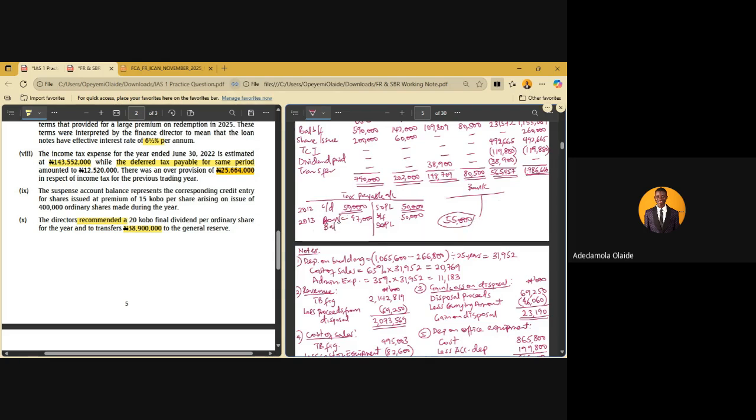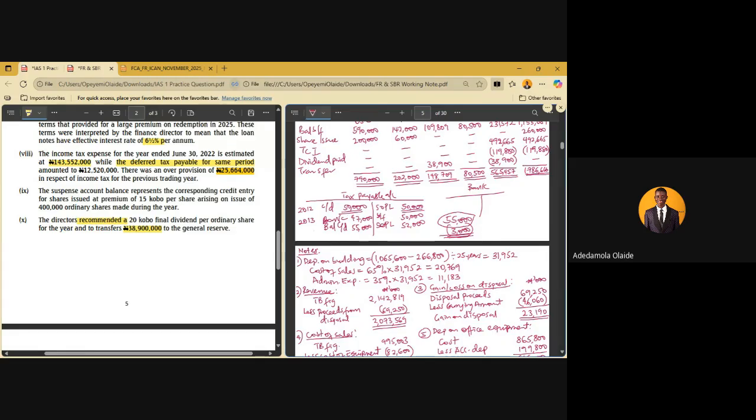So balance carried down 55,000, then what should go to our SOPL will be 102 minus 50, which gives us 52. That is the 55 we are supposed to have normally, minus the 3,000 we have in excess before.